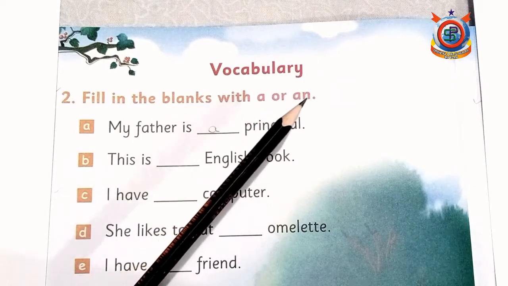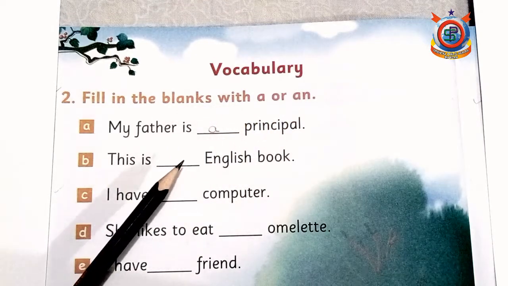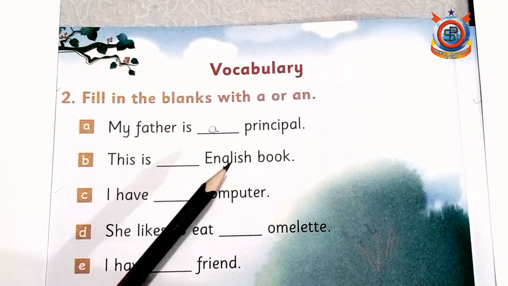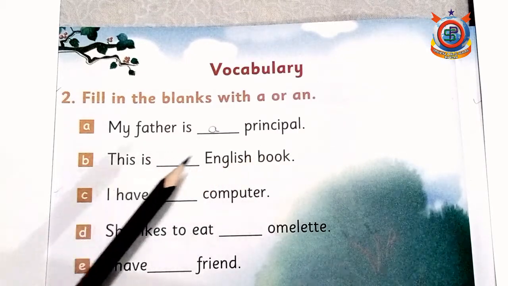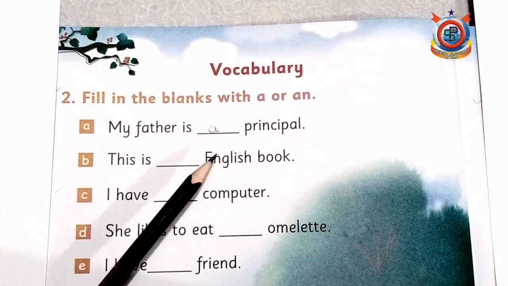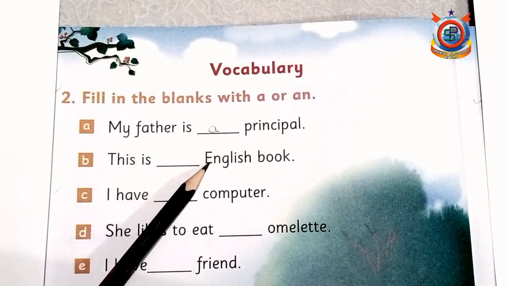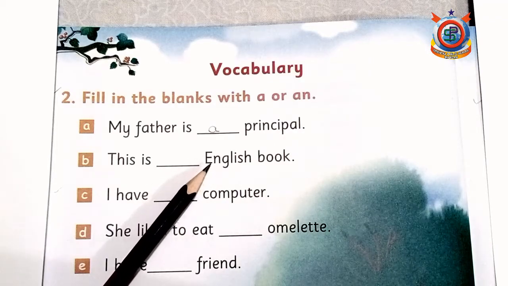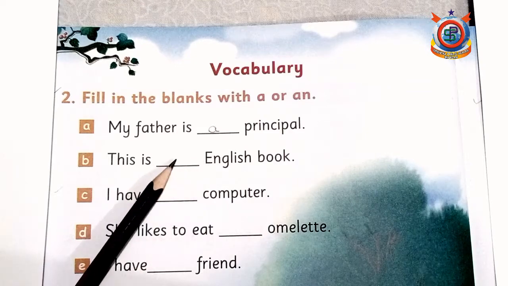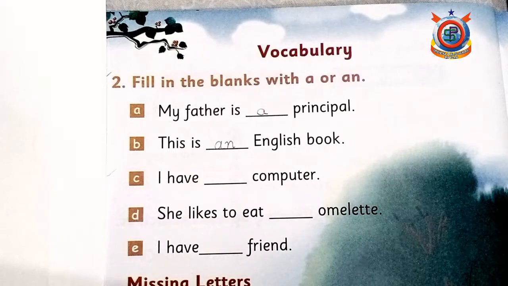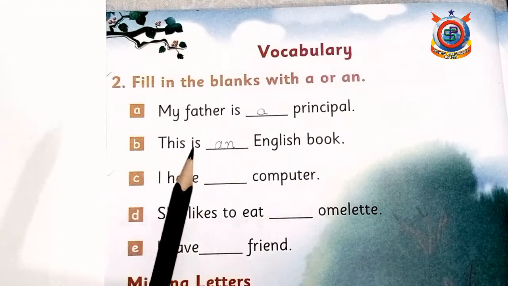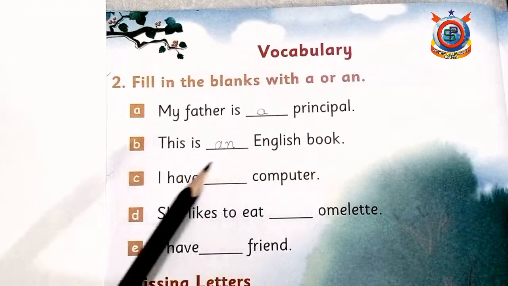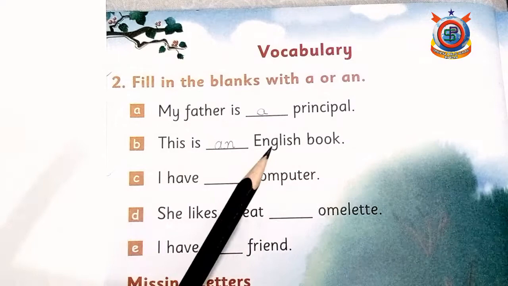This is an English book, because E is a vowel: A, E, I, O, U. So we will write N over here. Hurry up, write with me. Can you see your teacher has written the correct answer? This is an English book.